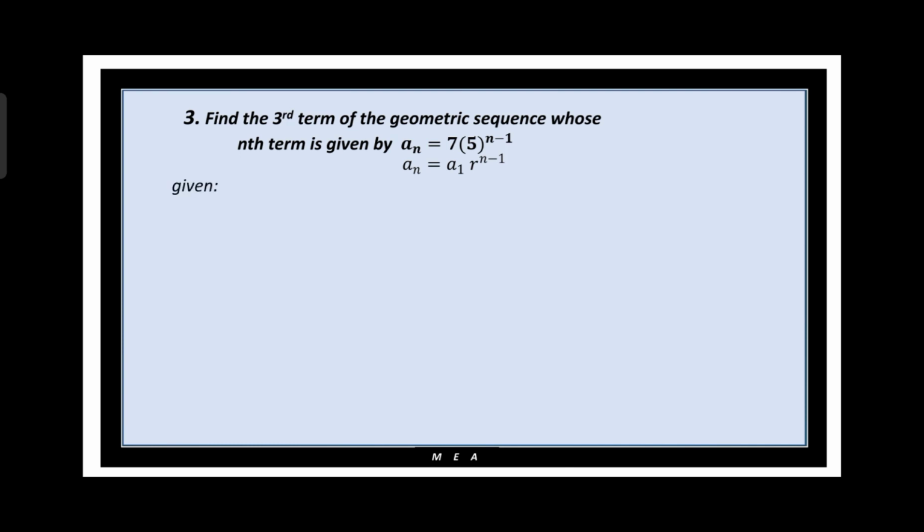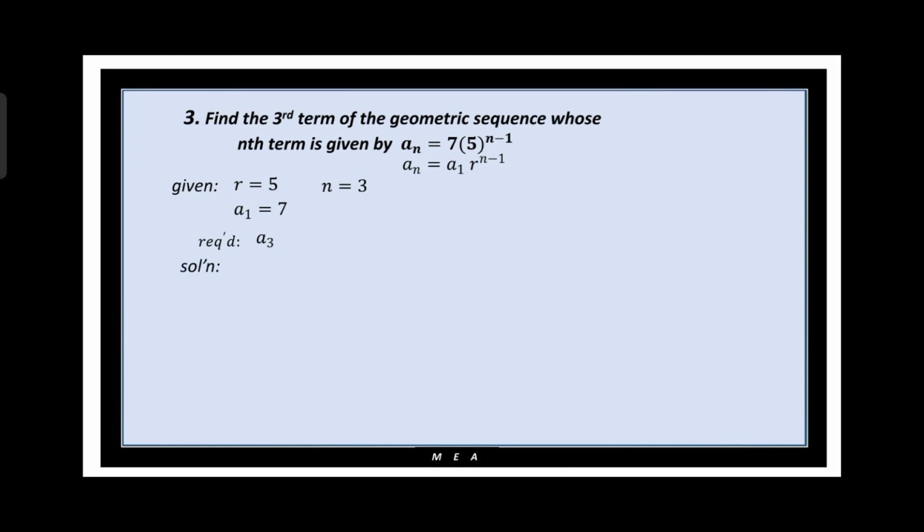Lumalabas, given natin, yung r natin is equal to 5. And also, from the problem, ang n natin is equal to 3. And yung a sub 1 natin ay 7. Okay, so we are asked here to find a sub 3 or the third term.